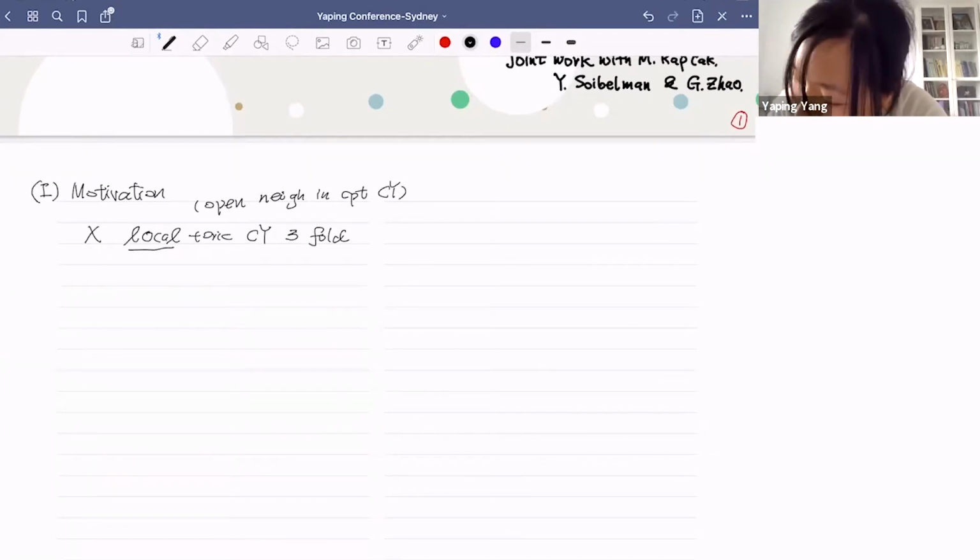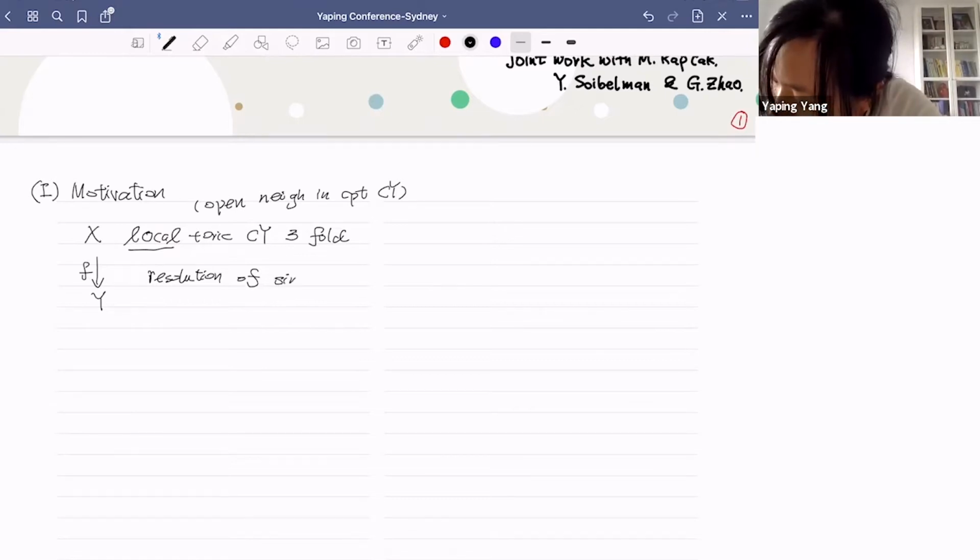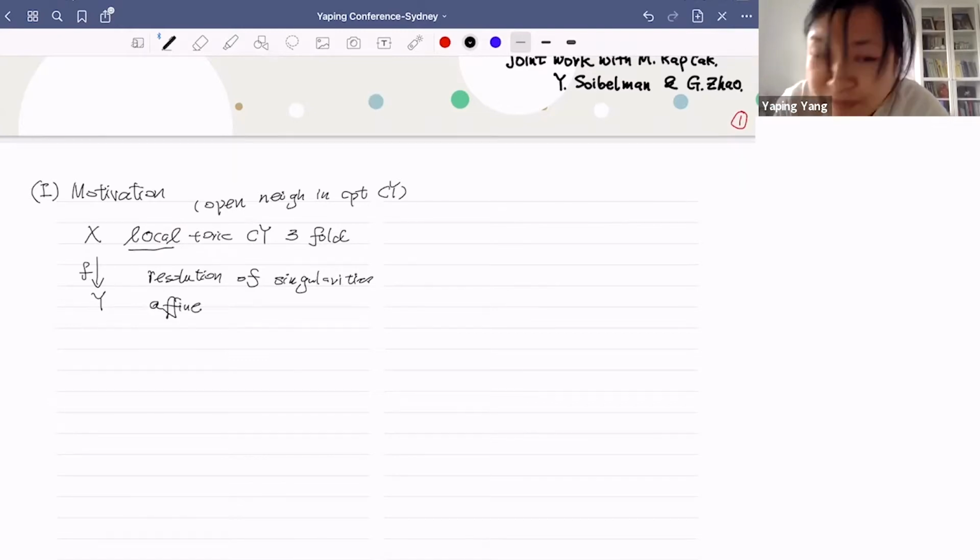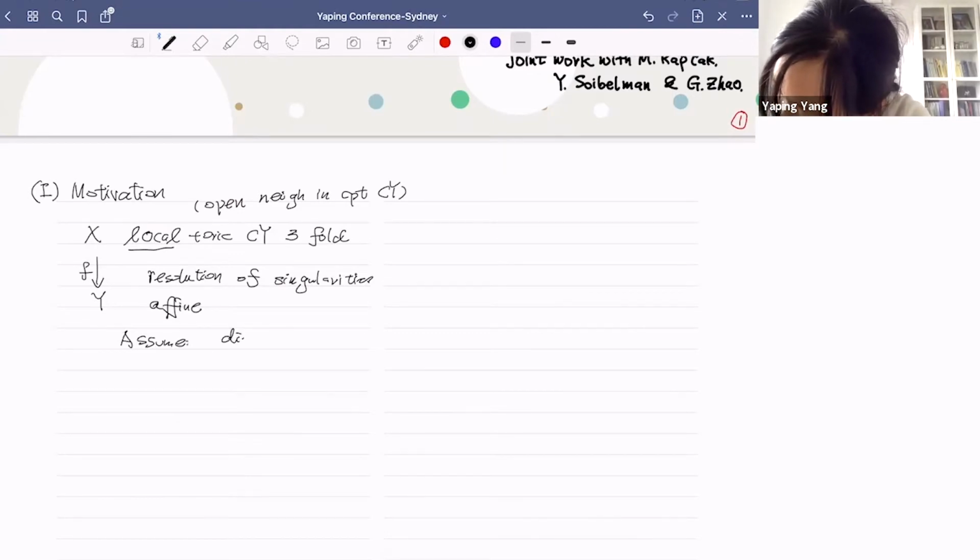And I assume there's a resolution of singularities, which I call F, to Y. Here Y is affine, and I also assume the dimension of the fiber of F is less than or equal to 1.